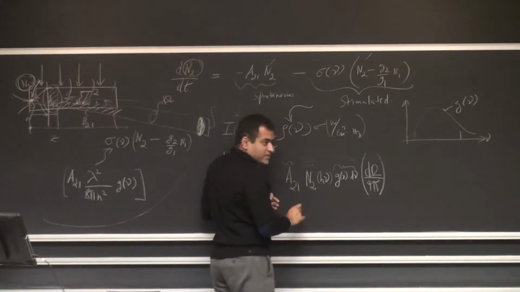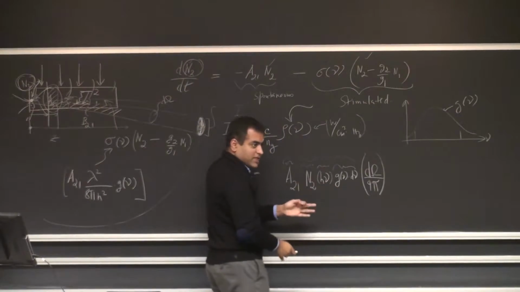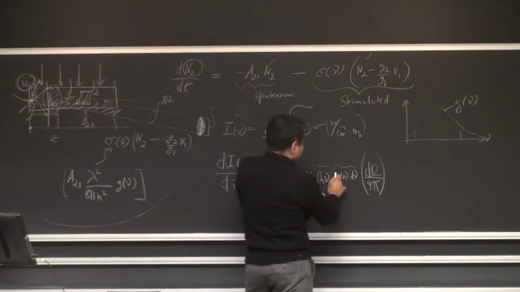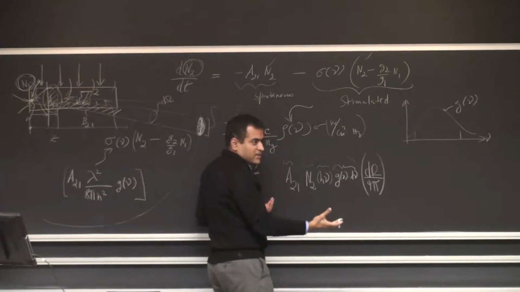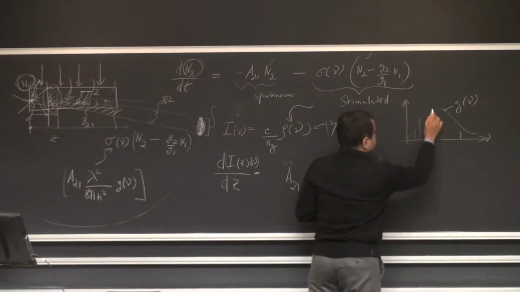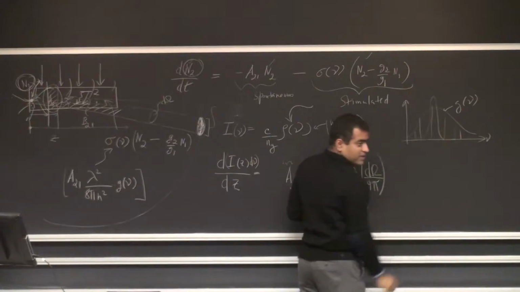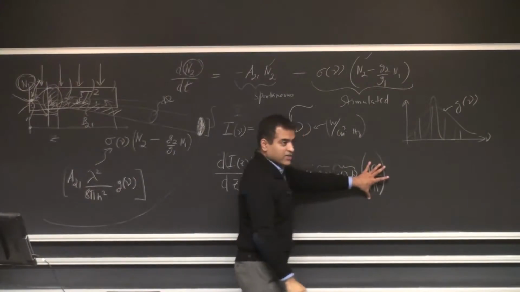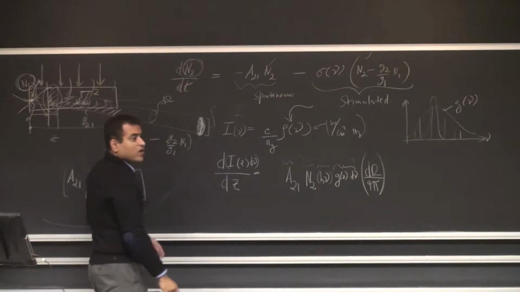This is the number of atoms, right? And this is the photon energy of each photon that is emitted. And this is the line shape, which says that, because of the medium, it has a certain propensity to emit at a certain frequency more than some other frequencies and so on. It could be sharp, depends on the problem. And this is the area argument, saying that it's equal. Spontaneous emission is going equally in all directions.